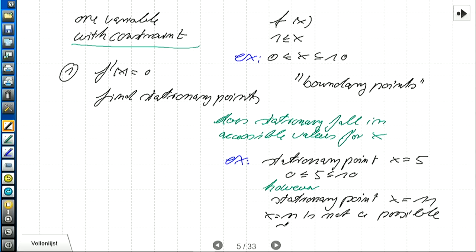And why is it not a possible solution? Well, because it's not allowed, it doesn't fall in this range. This is not in here.